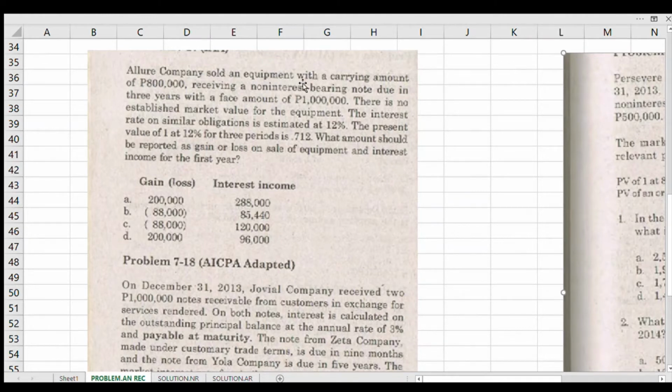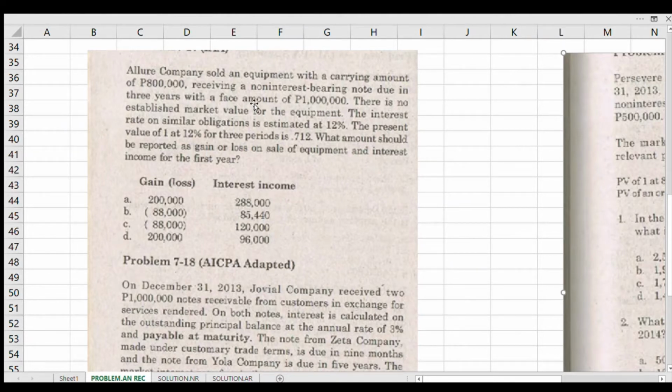So the equipment had a carrying amount of 800,000, but the buyer issued a non-interest bearing note for 3 years, with a face amount of 1 million pesos.